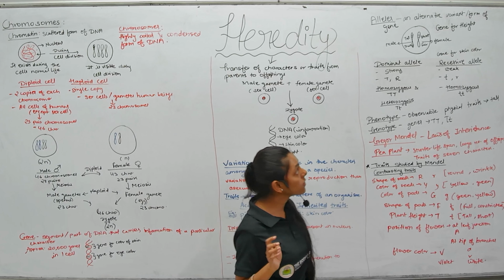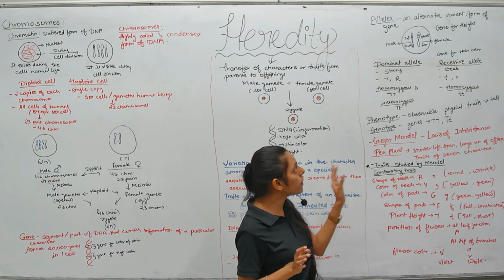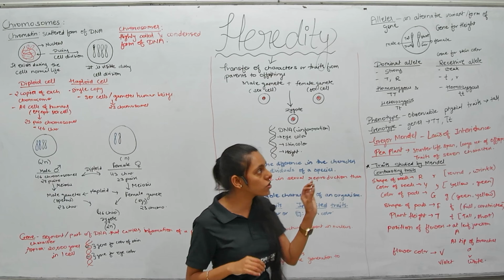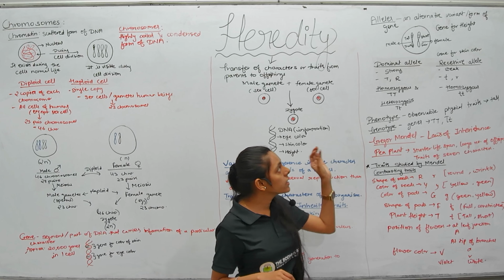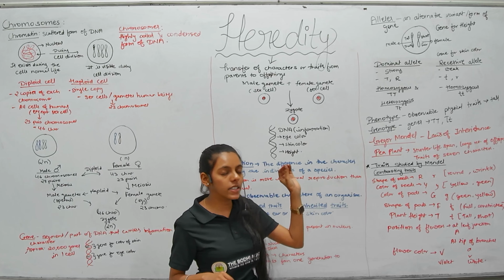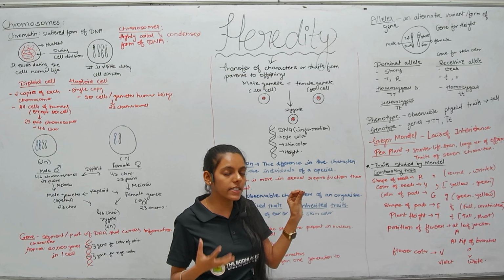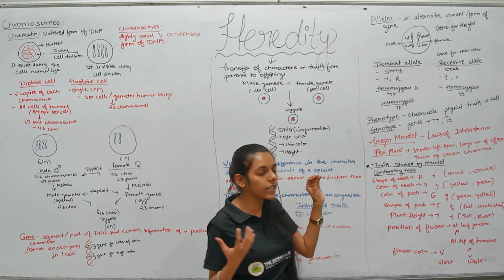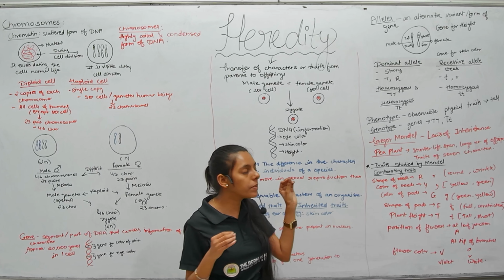Okay, then we come to dominant alleles and recessive alleles. Dominant alleles are those which are very strong. Okay, and recessive alleles are weak alleles. Dominant alleles are denoted by capital letters. For example, if the character is tall, then there will be capital T, and if the character is round, it will be what?